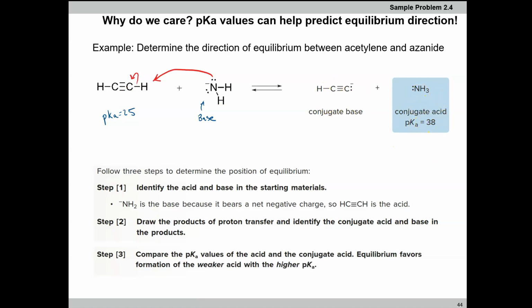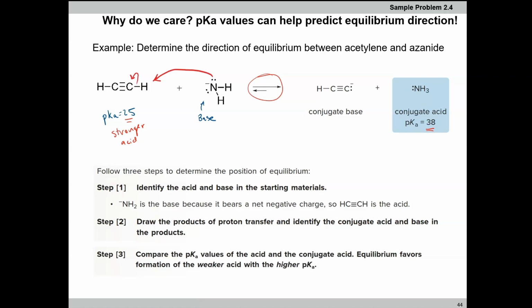We can look at the conjugate acid, the pKa here is 38, and we can compare that 38 to the 25, and we know that the 25 is the stronger acid. That means the equilibrium should lie to the right, to the products.